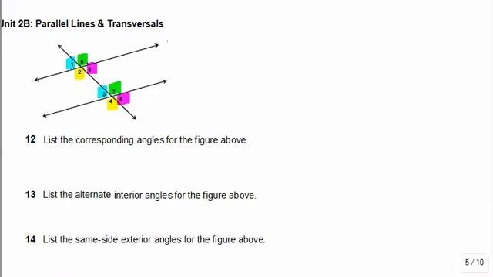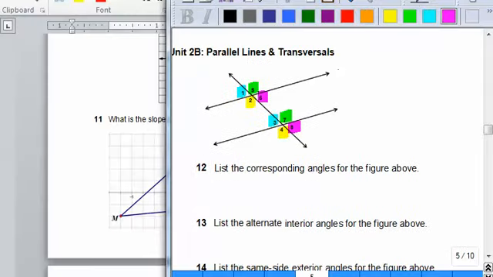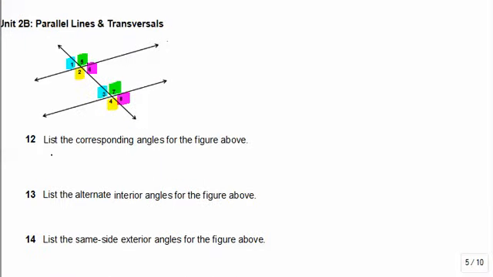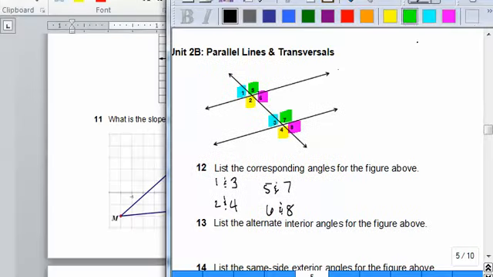So those are all of my corresponding pairs. So it is 1 and 3, 2 and 4, 5 and 7, and then 6 and 8 are all my corresponding pairs.